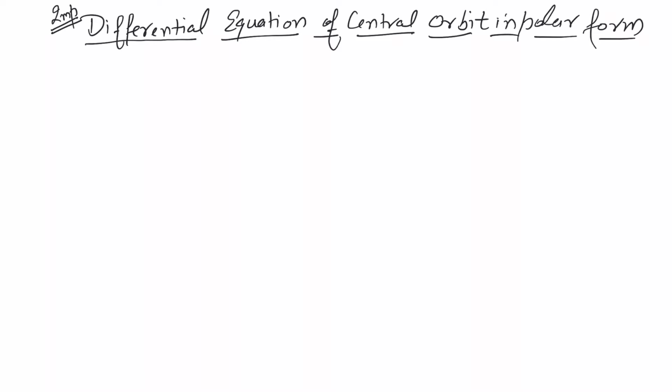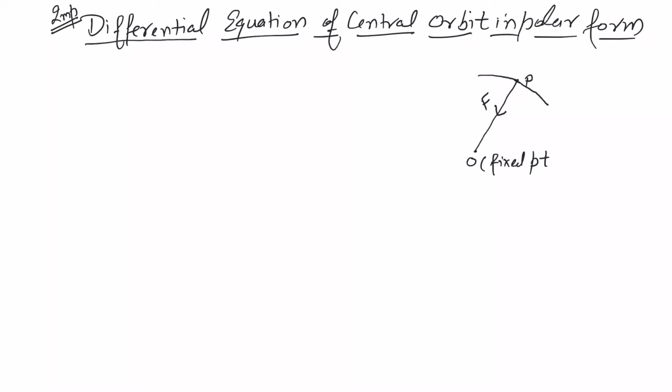Let us consider a particle P describing central orbital motion about point O. O is a fixed point, and the force per unit mass is always directing towards the center.